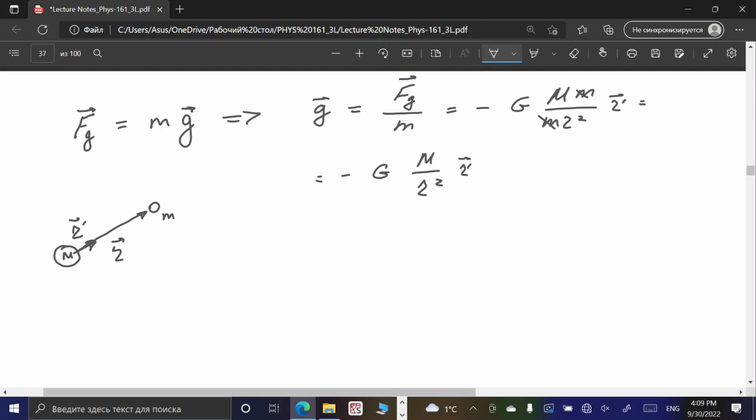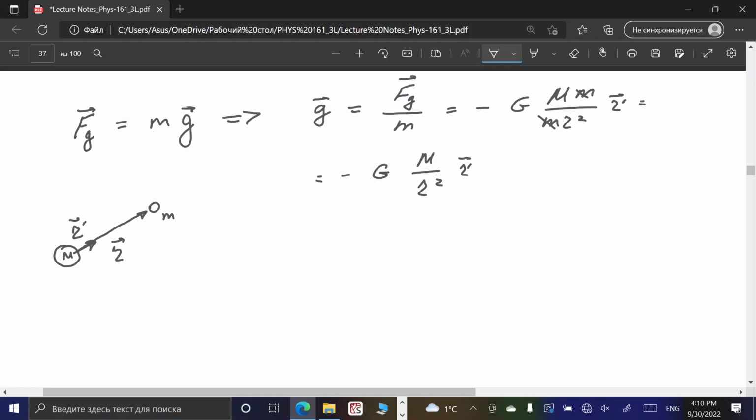So then if we multiply the strength of gravitational field by mass of the planet, we get the gravitational force. Also, we have this minus here, means that gravitational field is oriented towards the center of the object which creates this gravitational field.